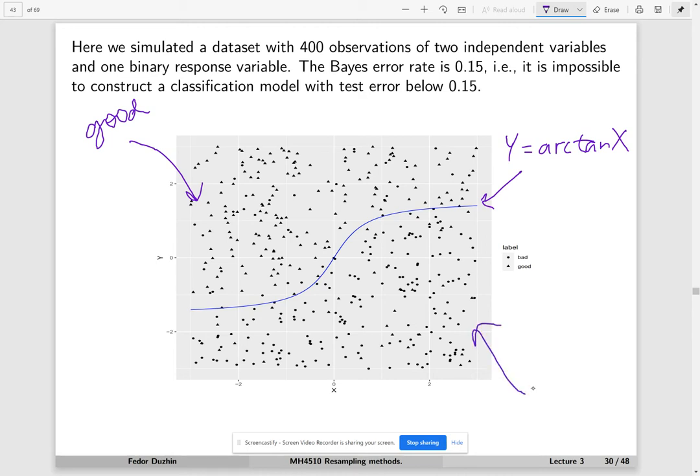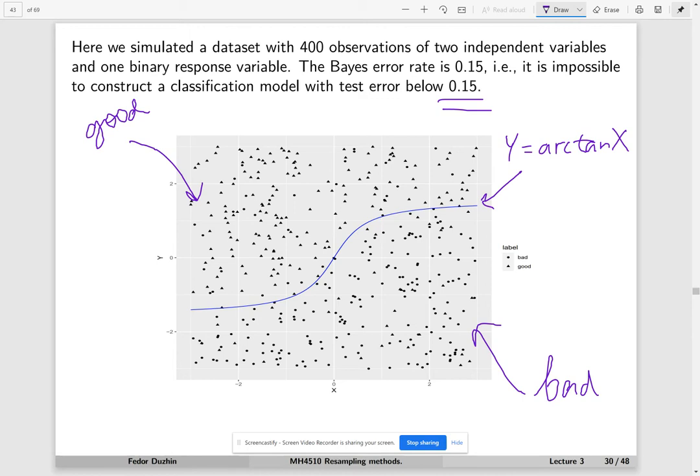If y is smaller, it is labeled as bad. And then I switched 15% of my observations from good to bad and from bad to good, respectively, just randomly. This is how I know that the Bayes error rate, the absolute best possible error rate of any model, is precisely 0.15, because I constructed my data like this.